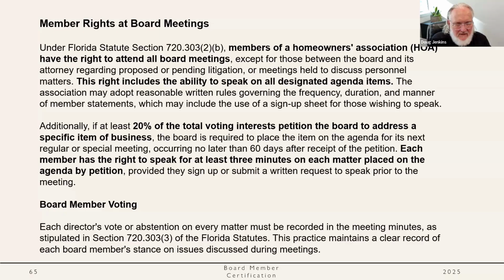The board, if you don't have a meeting scheduled, if you get a petition, you're going to have to schedule one because you've got a 60-day window. In this case, if you've been petitioned to discuss certain matters by the owners and that 20% threshold is met, every member has the right to speak for at least 3 minutes on each matter placed on the agenda by the petition.